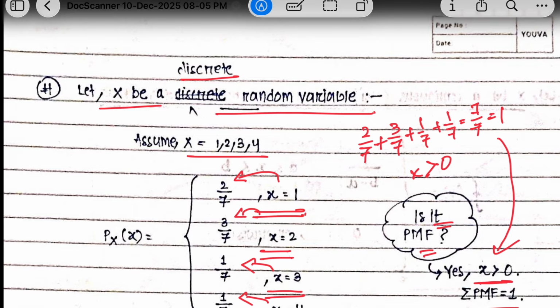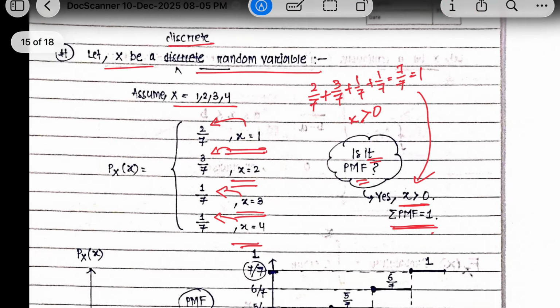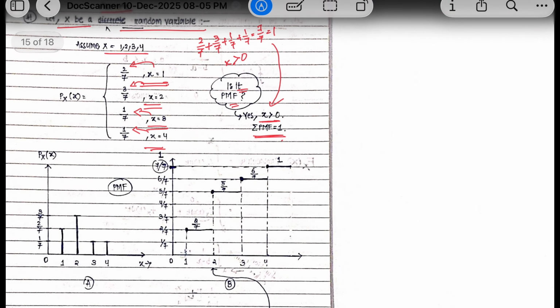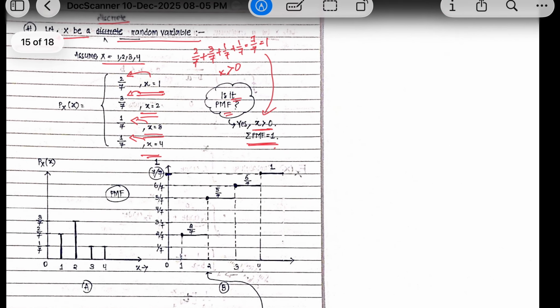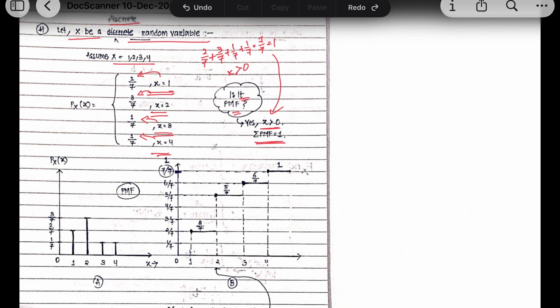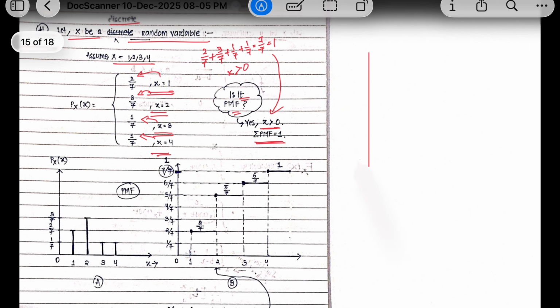So let's prove that. If you arrange this thing: 1 by 7, 2 by 7, and 3 by 7.